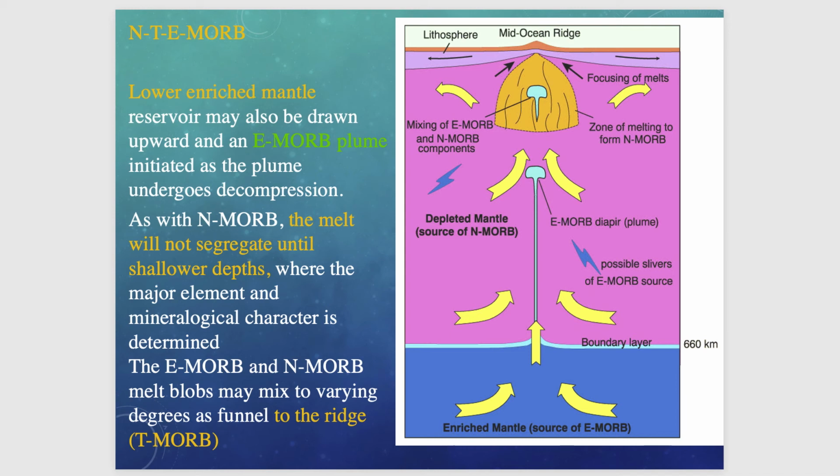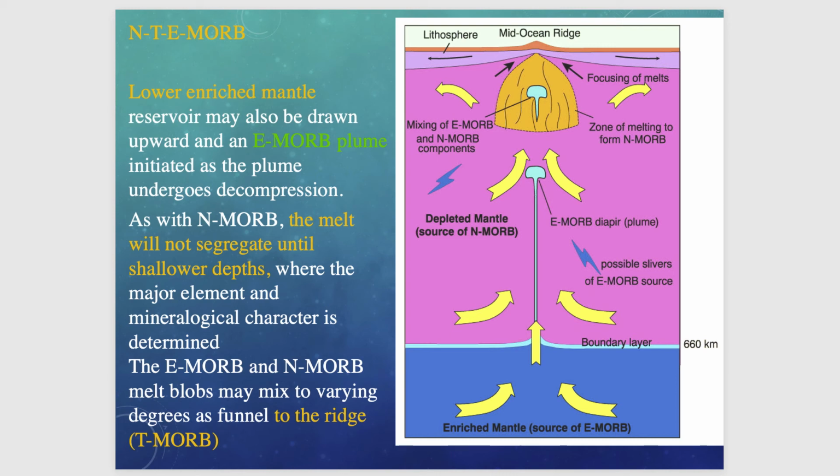The enriched plume usually undergoes decompression melting to form these E-MORBs. So the lower part of the mantle can be enriched in these light rare earth elements, and the process is very similar to what we saw for the N-MORB. You tend to have a phase of melting that leads to a transfer of magma at a higher level in the crust.